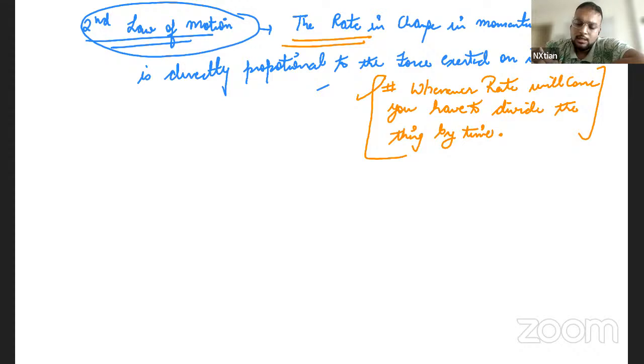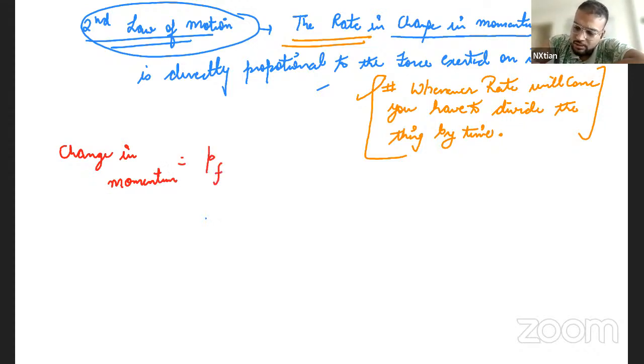Okay. So now the rate of change in momentum. First of all, you have to find the change in momentum. Change in momentum is basically impulse. Yesterday we learned that change in momentum is the final momentum minus initial momentum, and the rate of change in momentum means you have to divide it by time. Understood, guys?